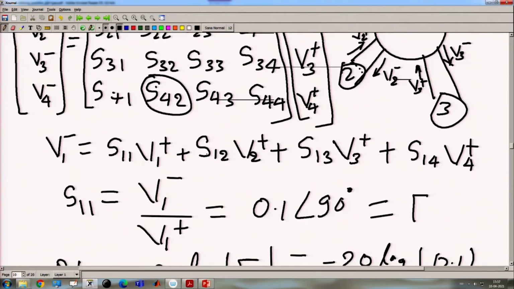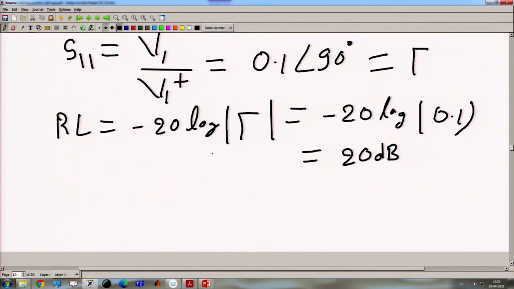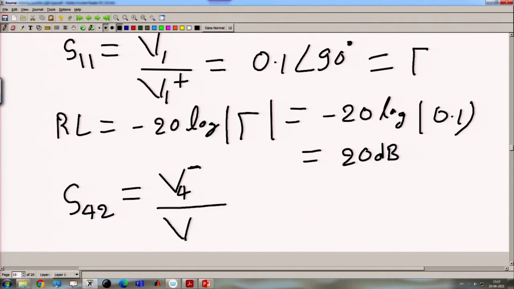S42 means V4 minus divided by V2 plus, when all other ports are matched. First is the reflection V4 minus divided by V2 plus, with all the other ports terminated with match load, that means V1 plus equals 0 and V3 plus equals 0.